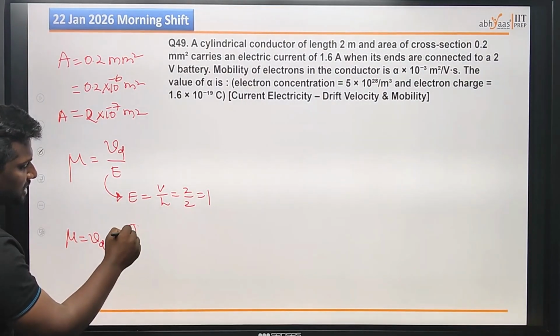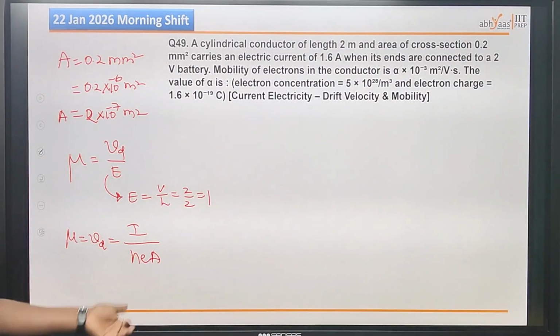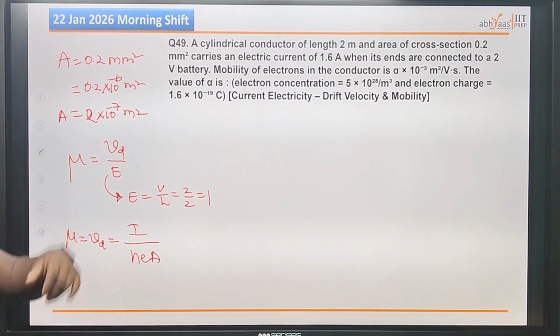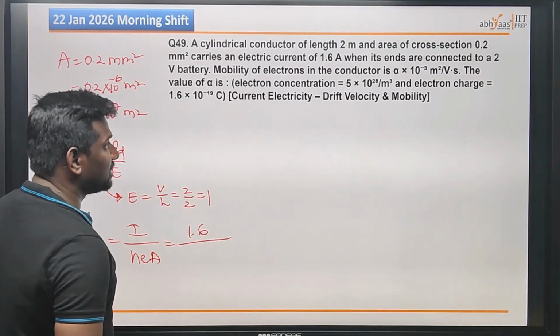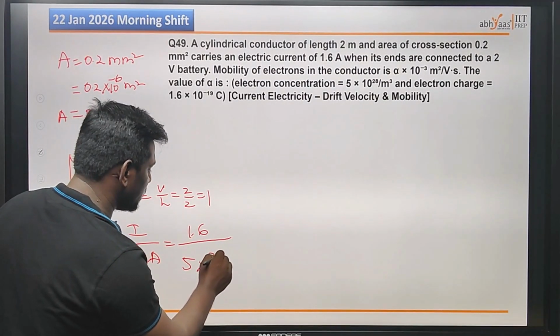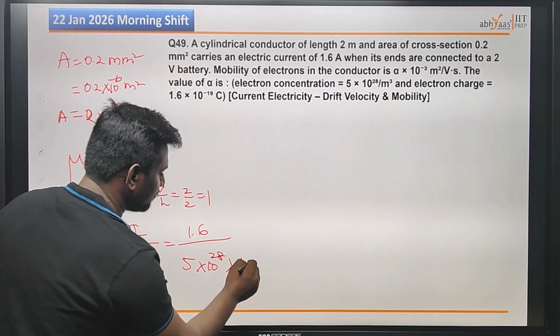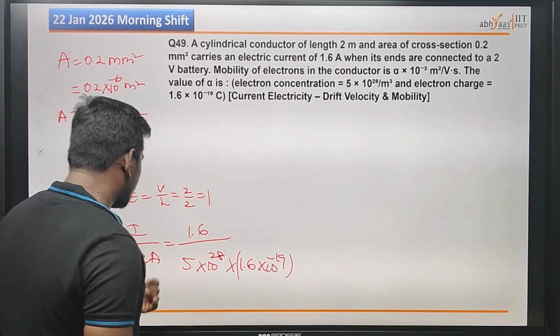What is drift velocity? I equal to nevA. What is n? They have given the electron concentration. What is I? 1.6 by n, the electron concentration, 5 into 10 to the power 28, into the electron charge 1 into 10 to the power minus 19 coulomb, and what is area?